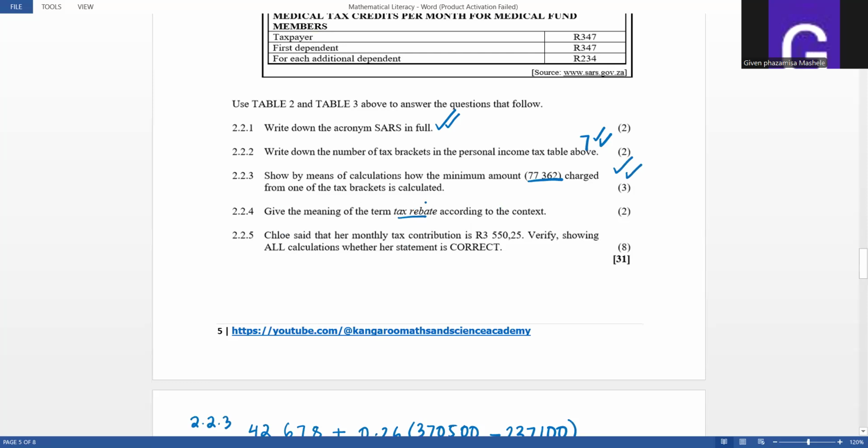Tax rebate is an amount by which SARS reduces the actual taxes owing, based on the age of a person.